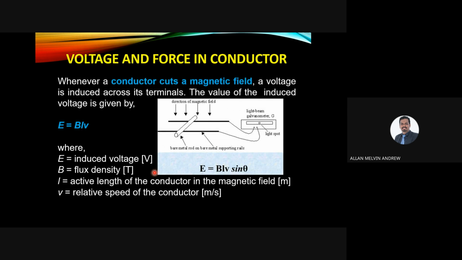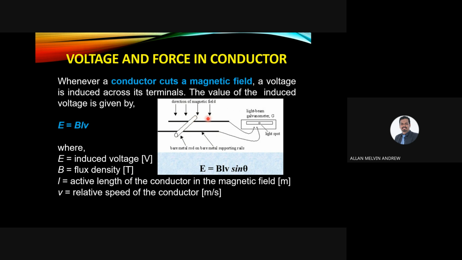Okay, so we go to the next subtopic: voltage and force in conductor. Whenever a conductor cuts a magnetic field, generated between the conductor, a voltage is induced across the terminal. So we put a metal rod in between the conductors.